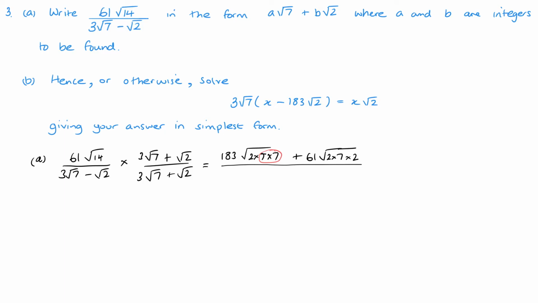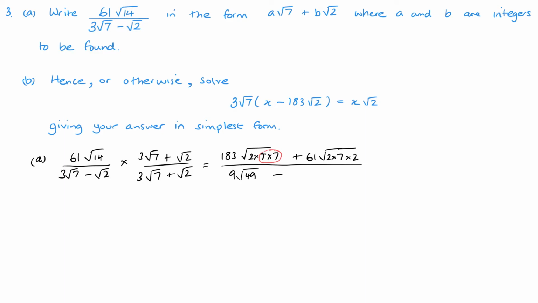Now onto the bottom, we've got 3 root 7 times 3 root 7 is effectively 9 root 49. I'll write it like that. I wouldn't normally. I'd probably skip to the answer, to be fair.